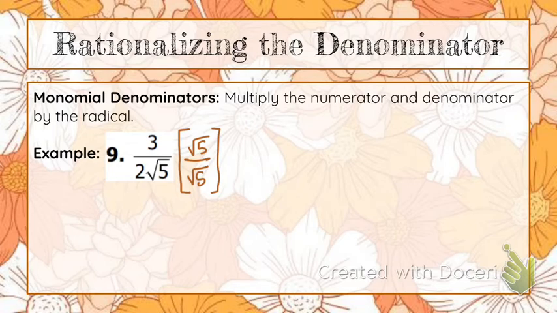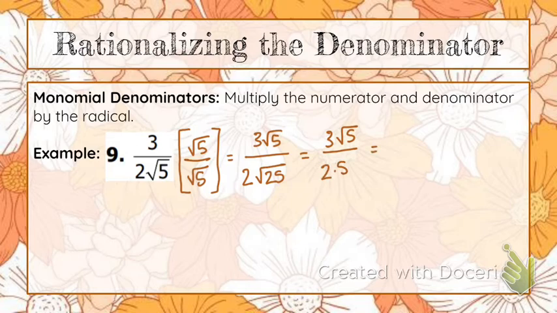When you multiply fractions, you just multiply straight across. So 3 times the square root of 5 is 3 radical 5. 2 square root of 5 times the square root of 5 is 2 square root of 25. But the square root of 25 is 5, so we're going to get 3 square root of 5 over 2 times 5. And 2 times 5 is 10.